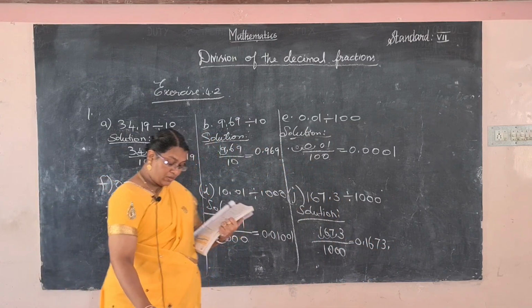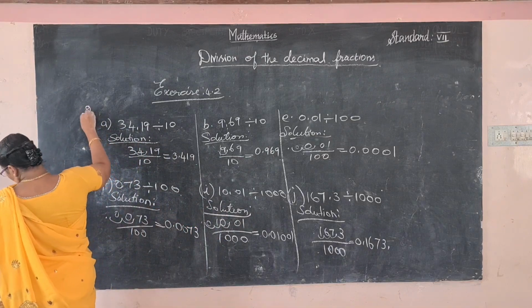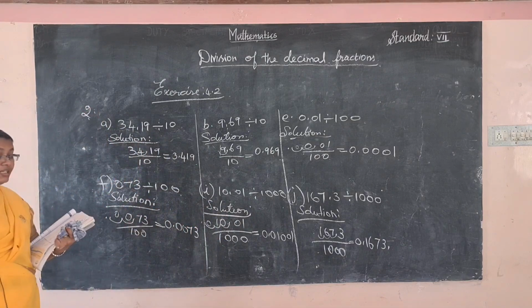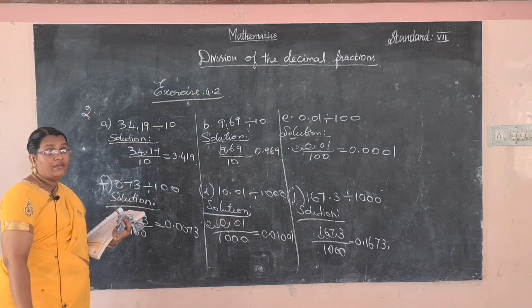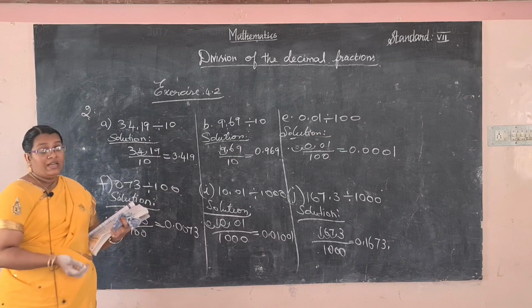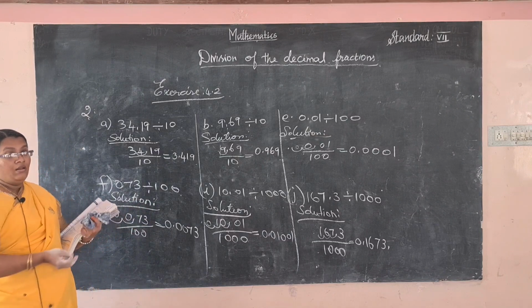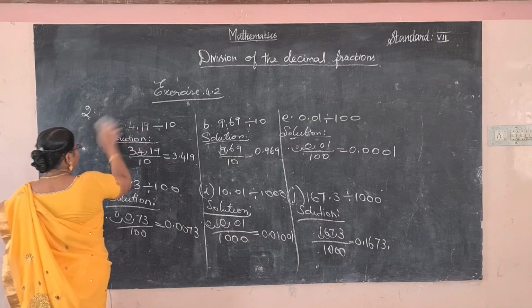Now move to the second problem. Find the quotient of the following. Find the quotient of the following is given in the second method. Division of a decimal by a whole number or decimal fractions. Okay.